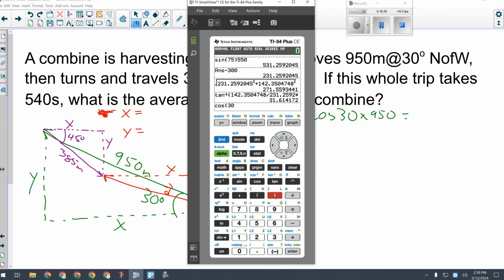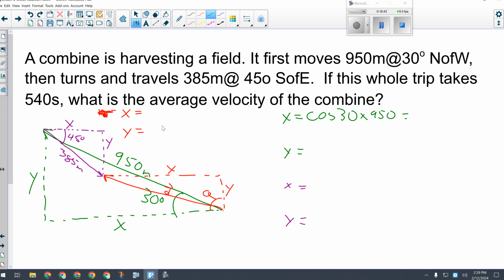Right, so cos of 30 times 950 gives us that side is 822.72 meters west. Okay, everyone with me so far? Okay, if you get lost, put your hand up and let me know, and I'll slow down.